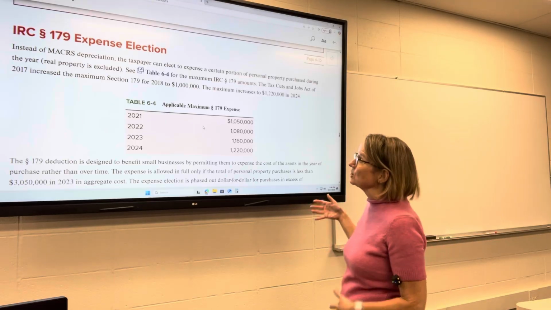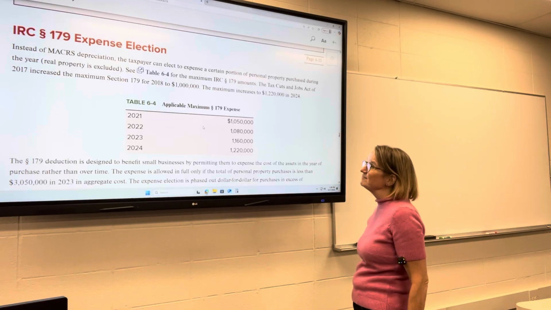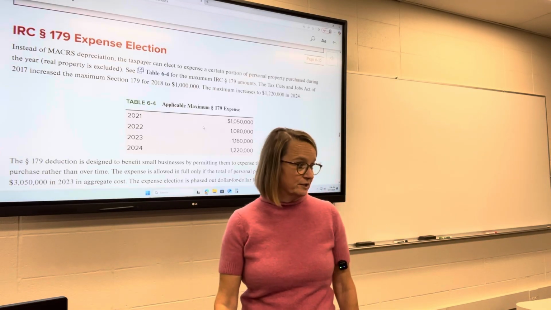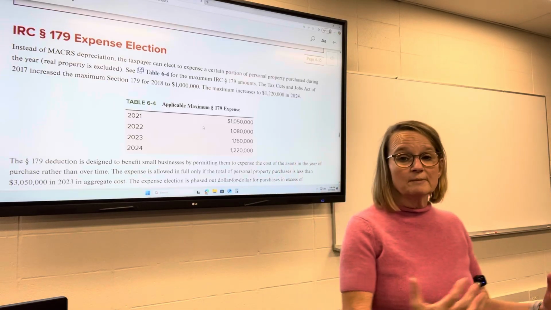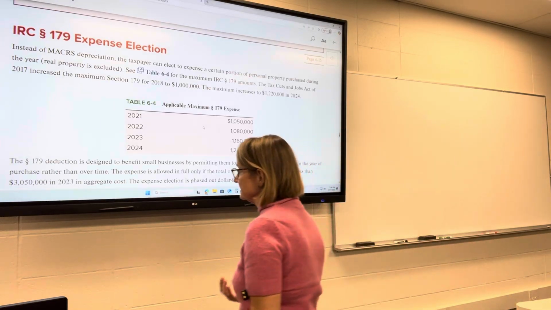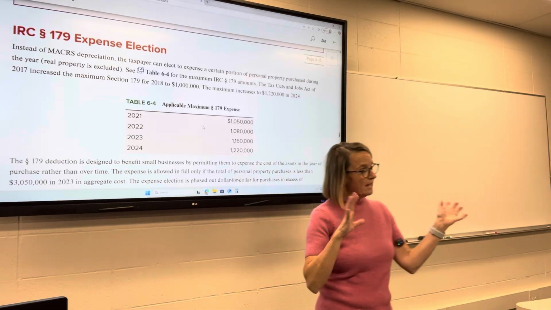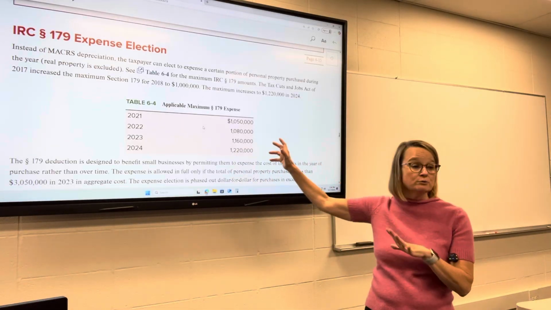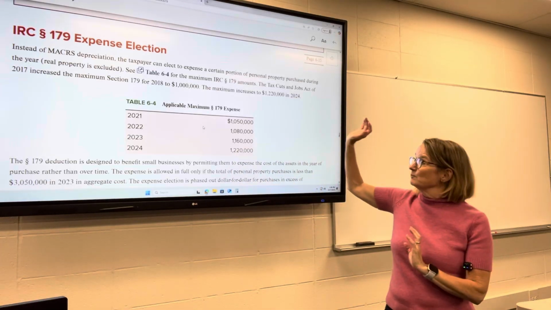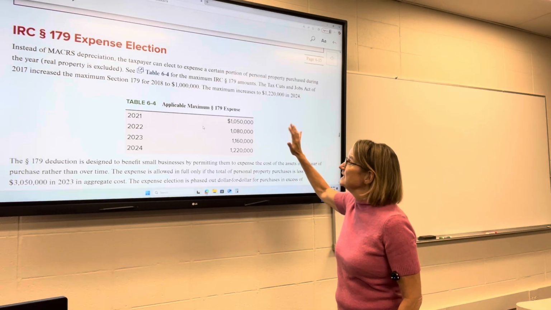The first one is called the Section 179 expense election. You hear this term a lot when you work in tax, Section 179. It's a 179 deduction. That refers to the code section within which this election is described.